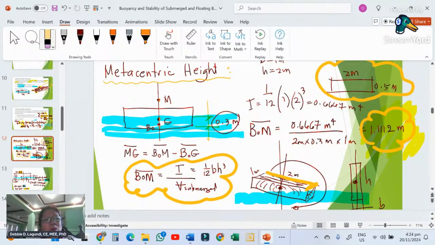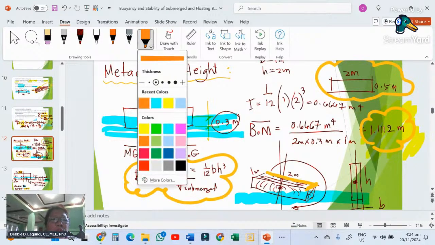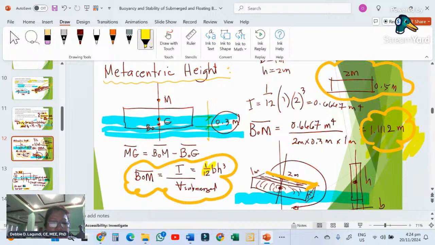First off, we need BM. It's another formula: I, the moment of inertia about its axis, 1/12 bh cubed, which we learned from statics, divided by the volume submerged. Take note of this. BM, this line from M to the center of buoyancy, is I, the moment of inertia, over the submerged volume.